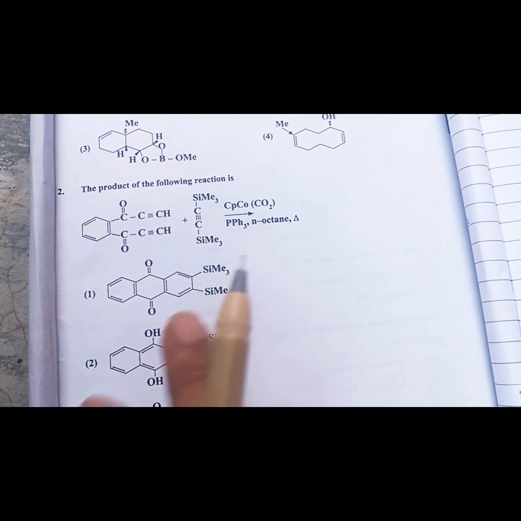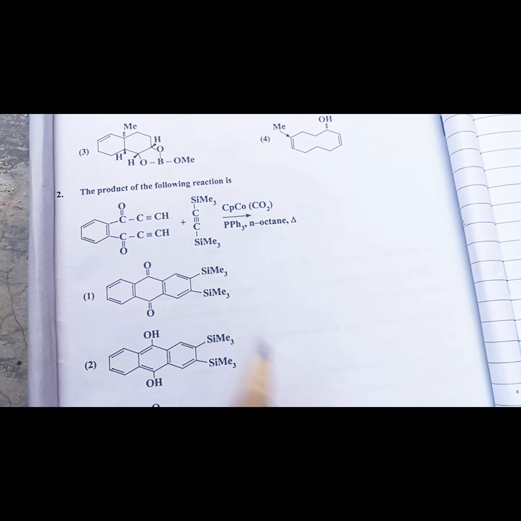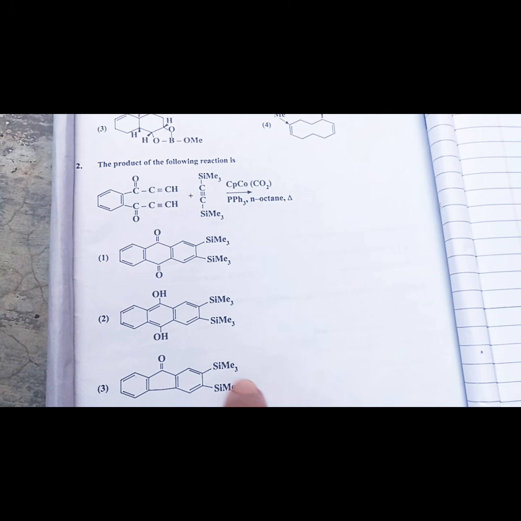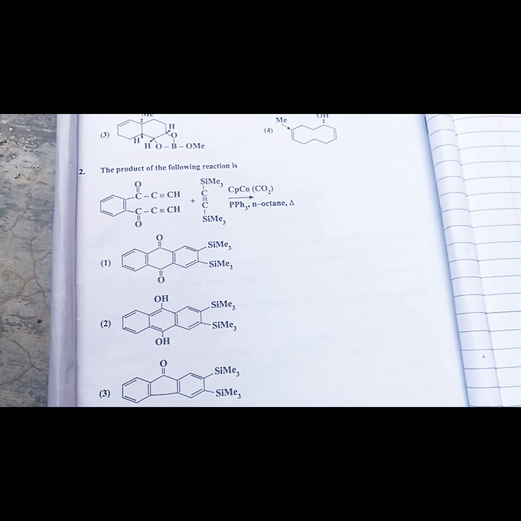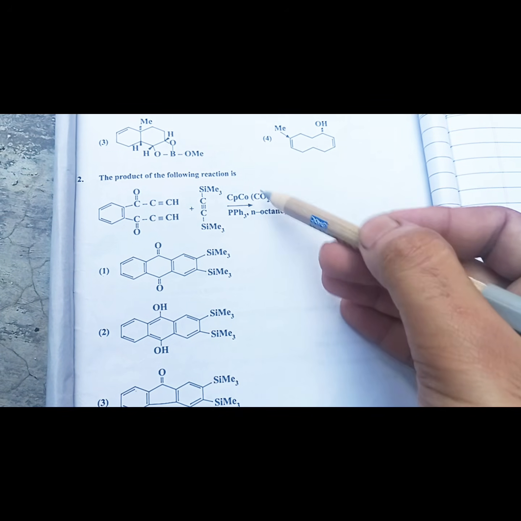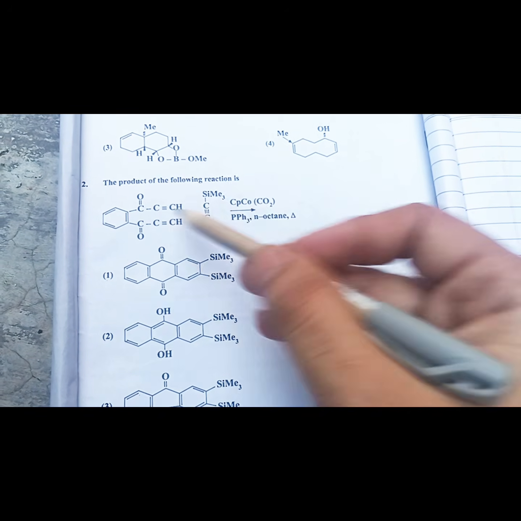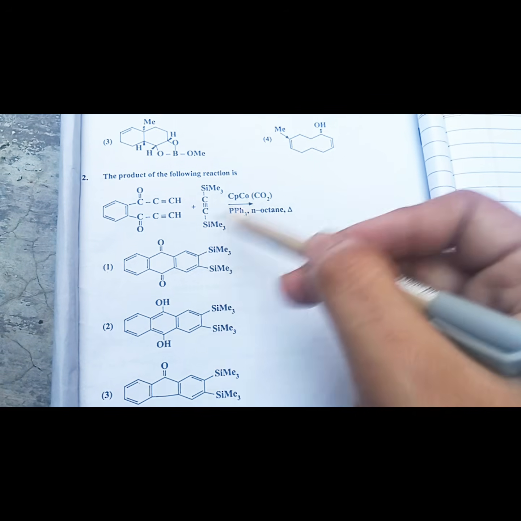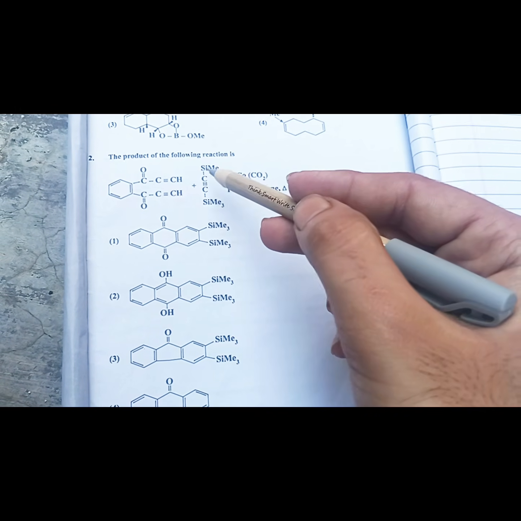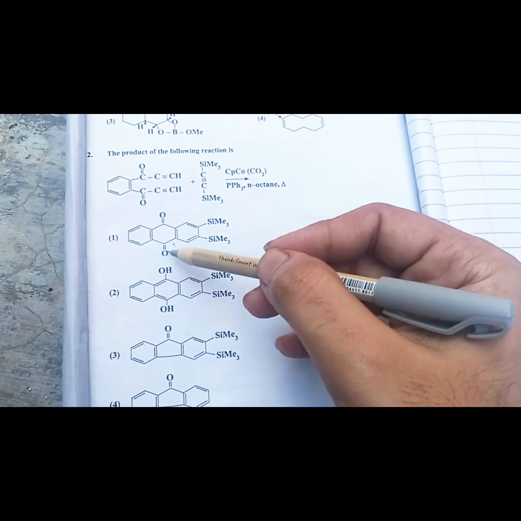The second question is the Pauson-Khand reaction. Here a 2+2+1 cycloaddition takes place, with alkyne plus alkene plus a carbonyl CO group. Rearrangement takes place, and after the rearrangement a 5-membered ring forms in the middle, and there is a 6-membered ring.